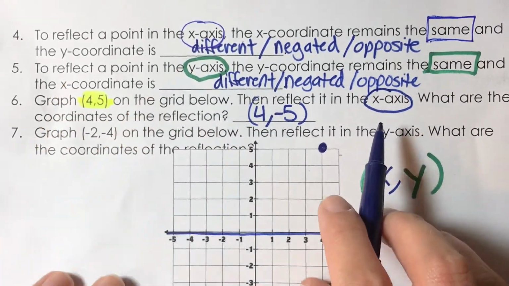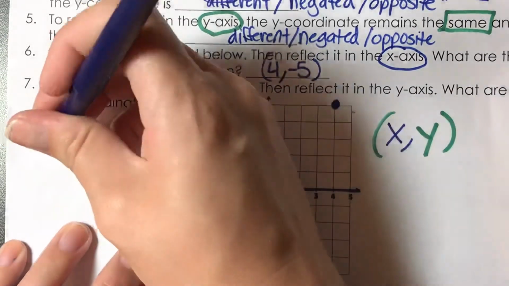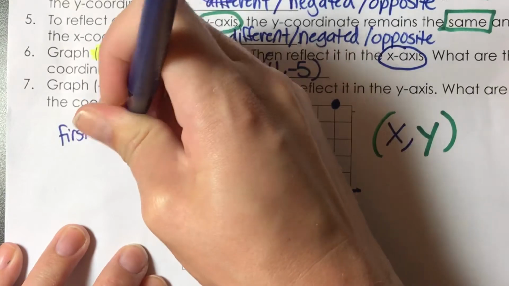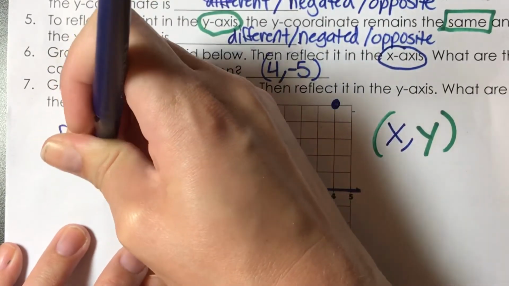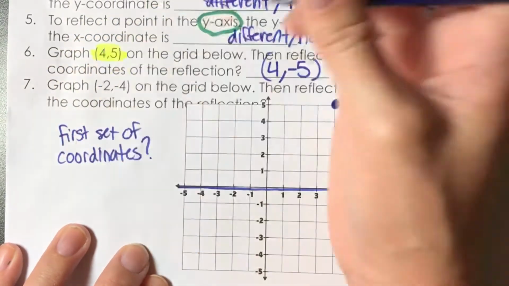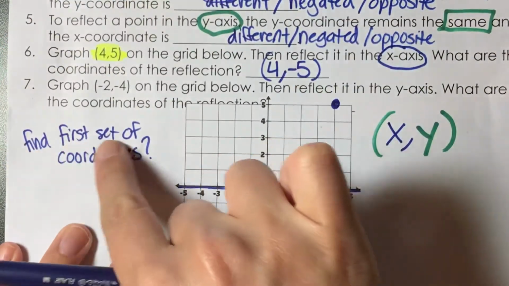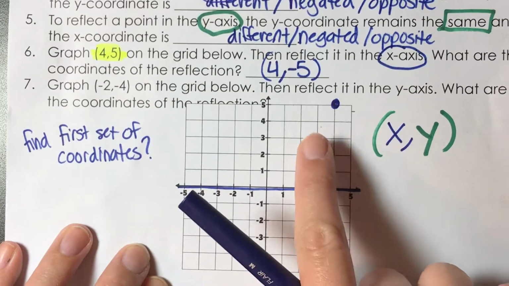So there's 3 things you need to know when you're looking for reflections. What is your first set of coordinates? I'm going to put find. Find first set of coordinates, which I did. I plotted it.